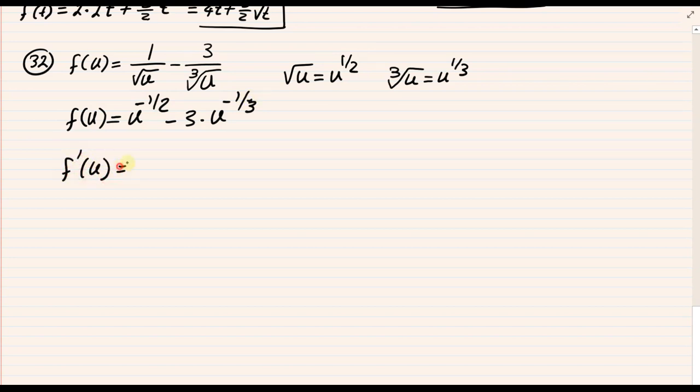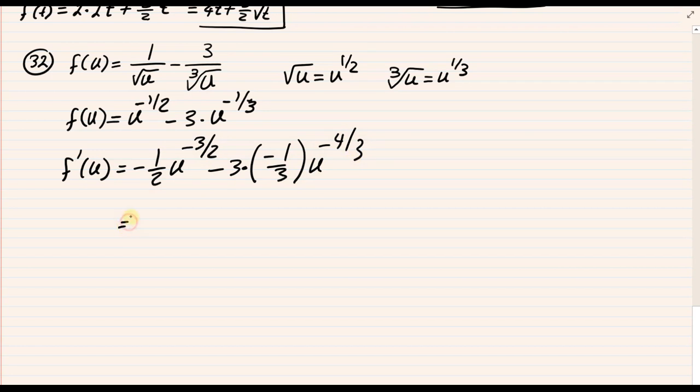Okay, and then now I can take the derivative. f prime of u is going to be negative 1/2 u to the negative 1/2 minus 1, negative 3/2, minus 3 times negative 1/3 times u to the negative 1/3 minus 1 is negative 4/3. So now let's rewrite this whole thing again. So this is going to be negative 1/2 u to the negative 3/2 plus u to the negative 4/3.